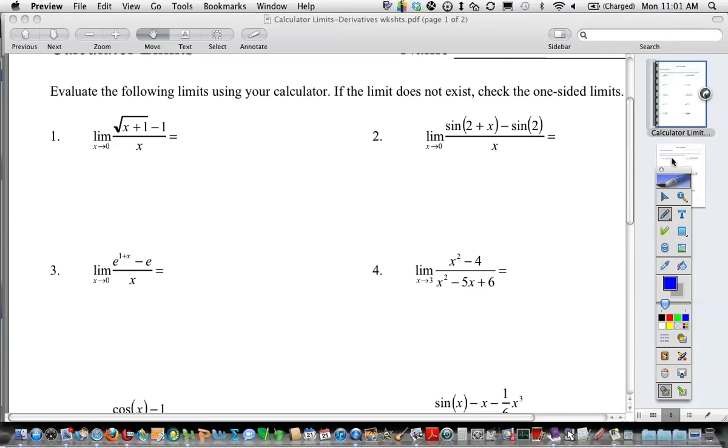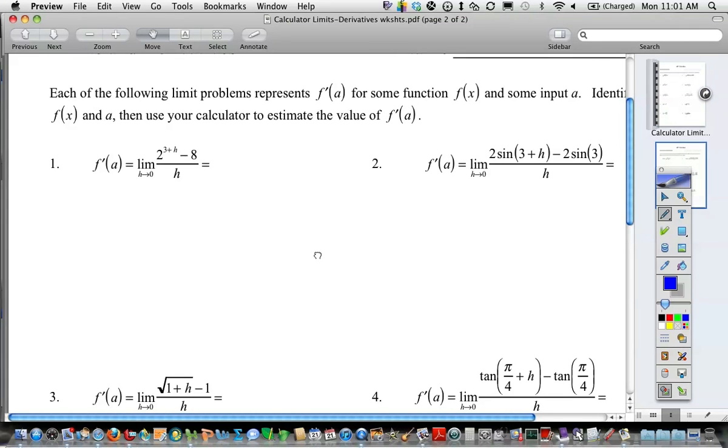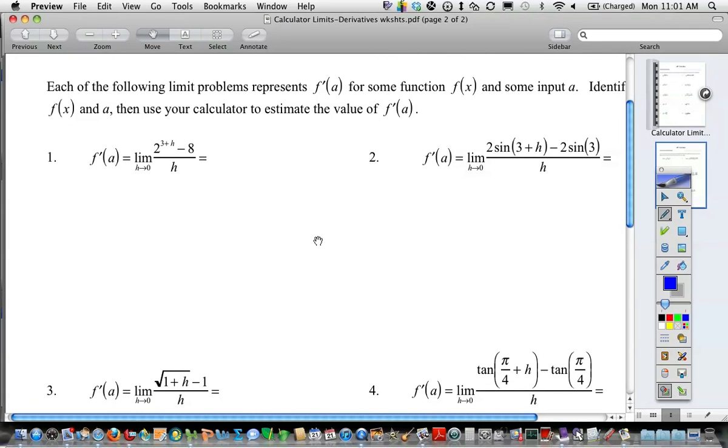Let's flip over to the second side. And now we want to come back and connect this to what we were doing with derivatives. The whole reason we got into limits here was because of the derivative formula.